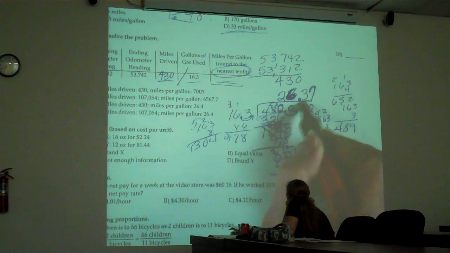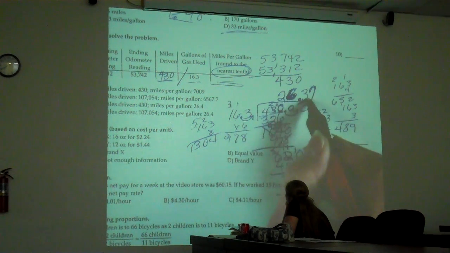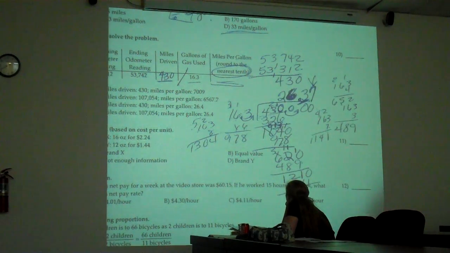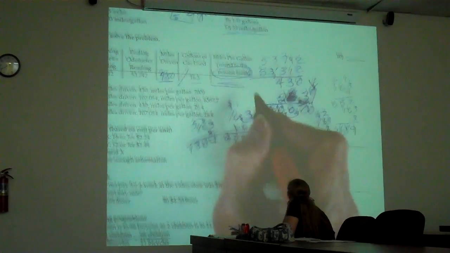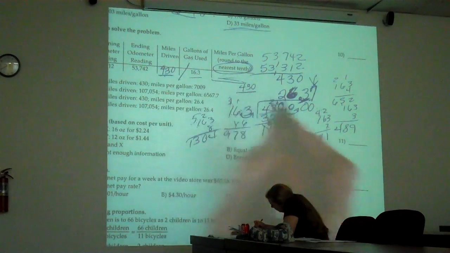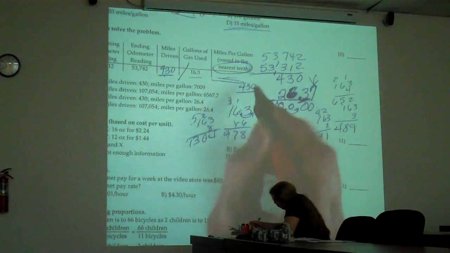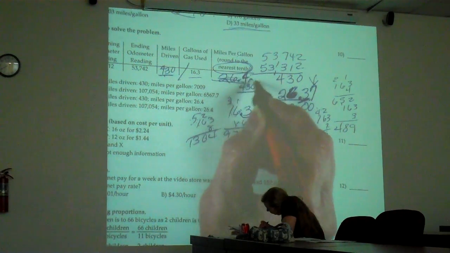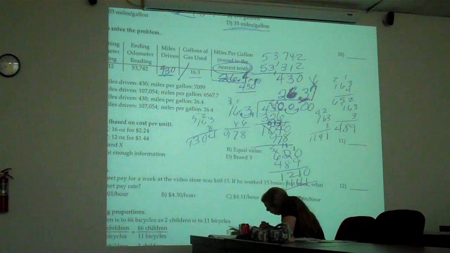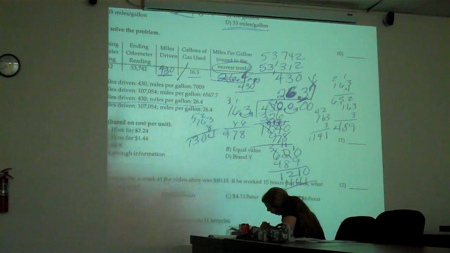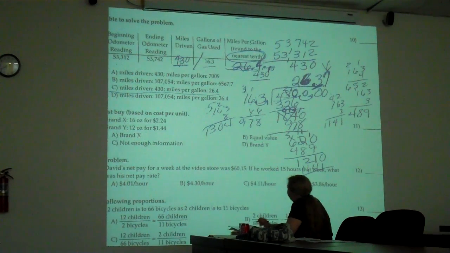We're doing to the 10th, so it's 26.4, because the 7 will round it up to 0.4. Right. So the answers were 430 for this, and for the nearest 10th, it's 26.4 miles per gallon, right? So that would have been C on this, but yours isn't going to be multiple choice.